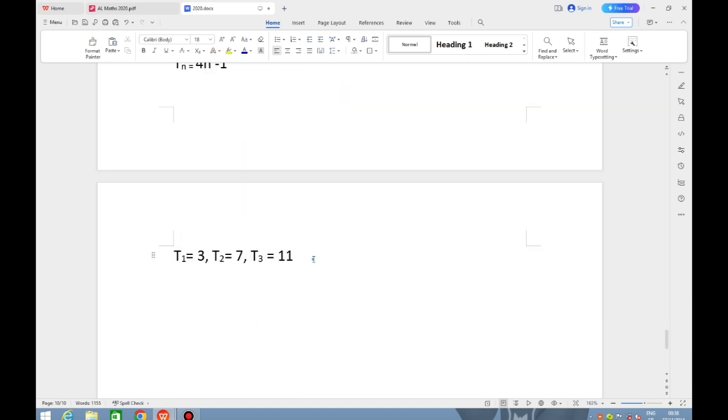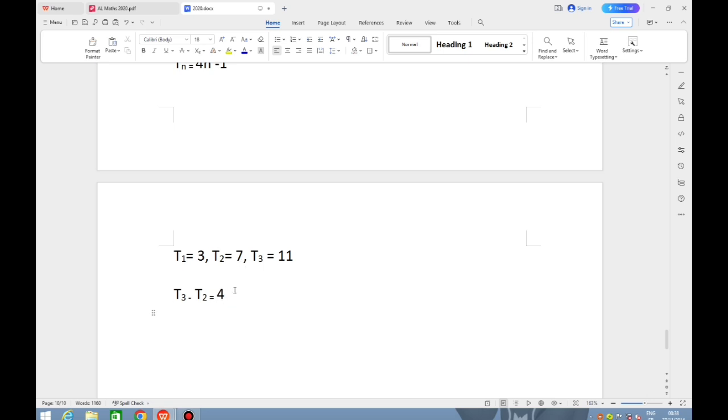Then finally, to show that it's an arithmetic progression, T3 minus T2 is equal to T2 minus T1. T3 minus T2 is equal to 11 minus 7, which is 4.